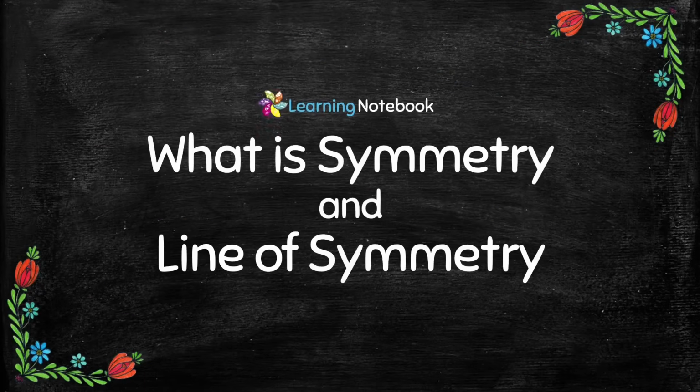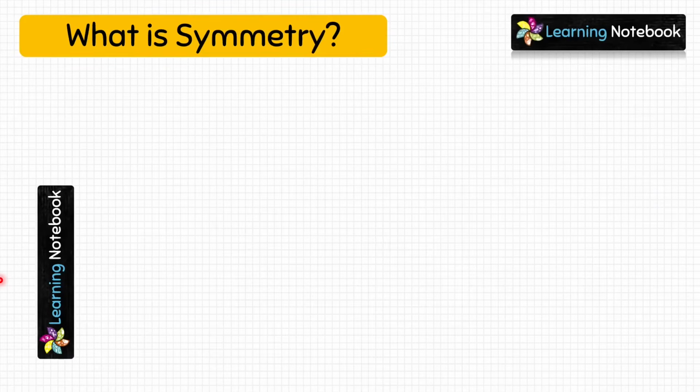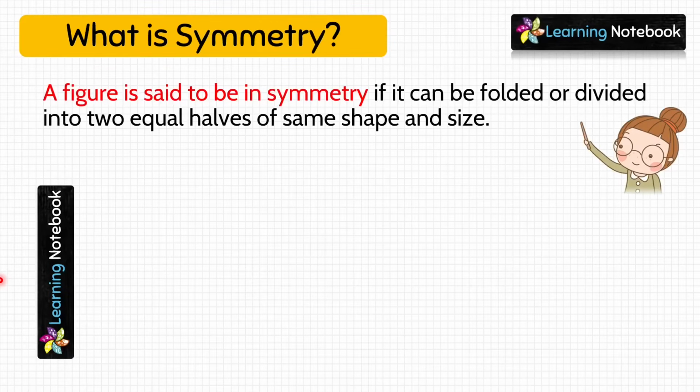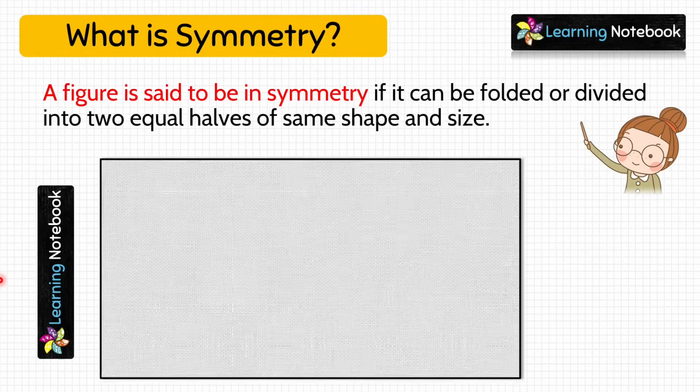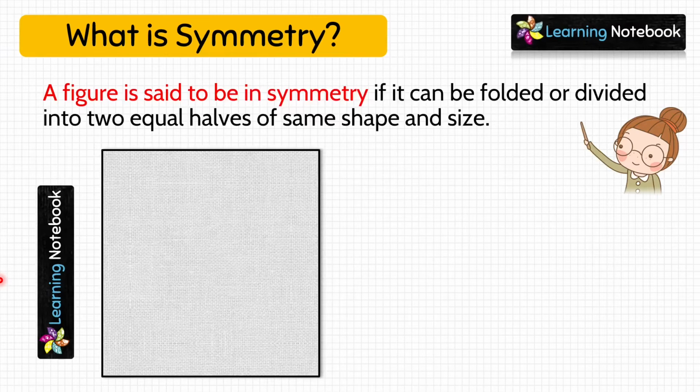So let's start and first learn what is symmetry and line of symmetry. A figure is said to be in symmetry if it can be folded or divided into two equal halves of same shape and size. Students, let's understand this with the help of an activity. Take a rectangular paper and fold it into two halves as shown here.